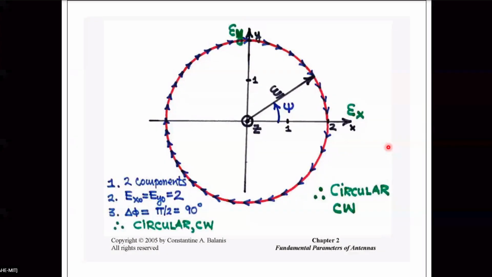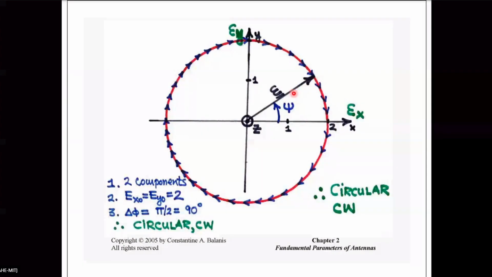Have you understood what linear polarization, circular polarization and elliptical polarization are? To some extent you may not have understood it in detail, but have you got some idea? If it is linear polarization, the electric field will lie on a single line. In circular polarization, the electric field vector will trace a circle of the amplitude of the electric field.